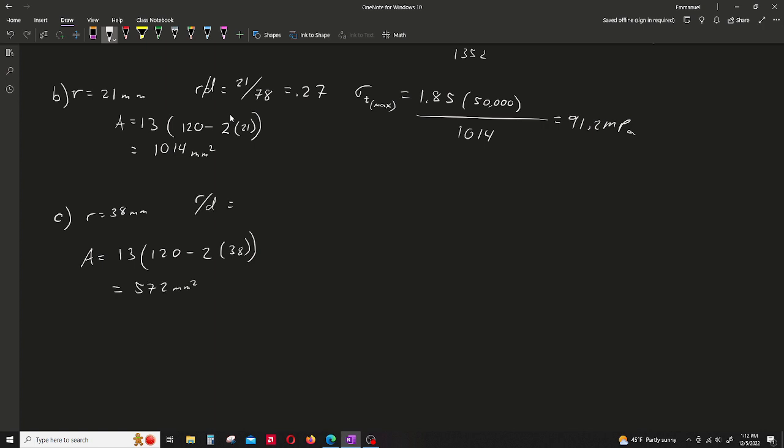Our R over D, we still need that so we can locate our K value, and we can use that information to find the max tensile stress here. Let's see, K value 0.86, I'll say K is 1.25 times that 50,000. Divide that by the 572 equals 109.3 megapascals.